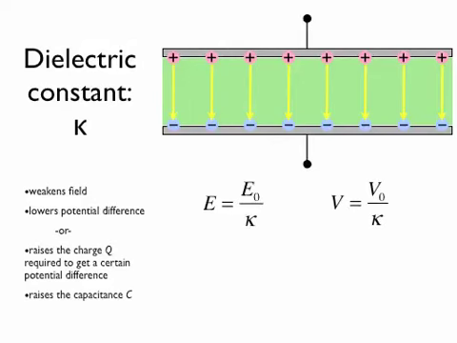So the difference in potential is the difference in potential sub zero, the original one that we would have had without a dielectric, divided by kappa. And this means that the capacitance of a capacitor that's been filled with a dielectric is greater by some factor kappa: kappa times C naught, which is the capacitance that we would have without the dielectric present.